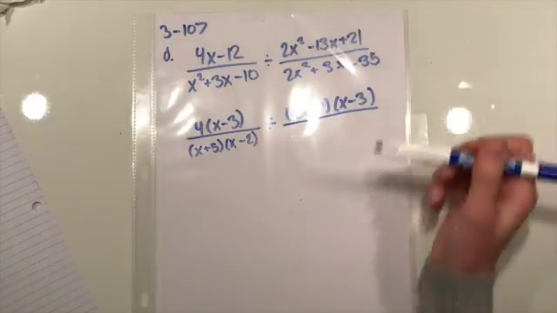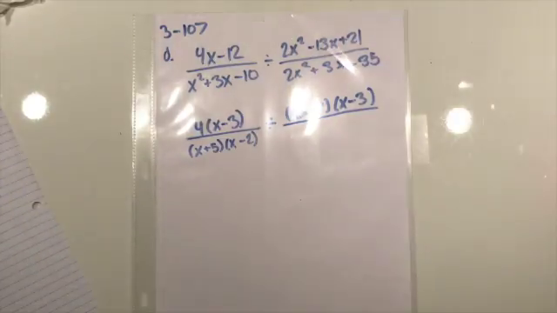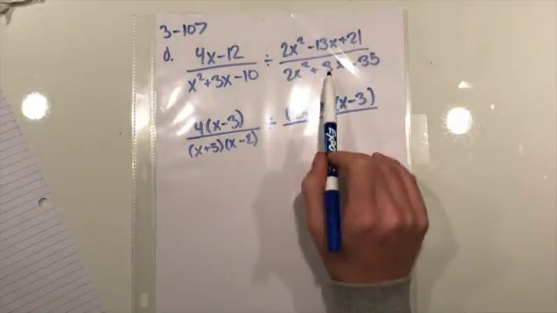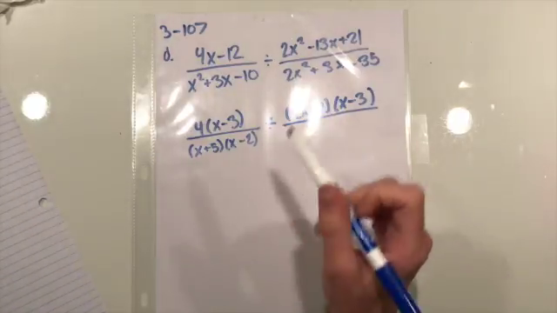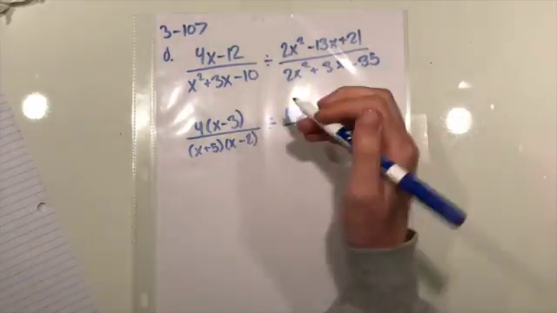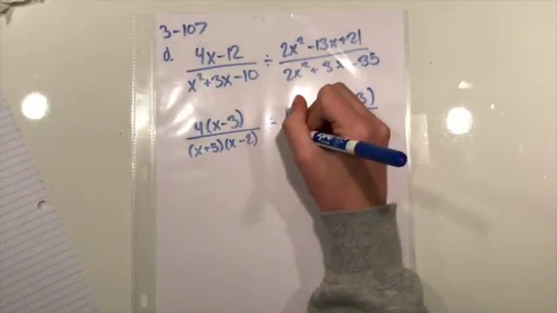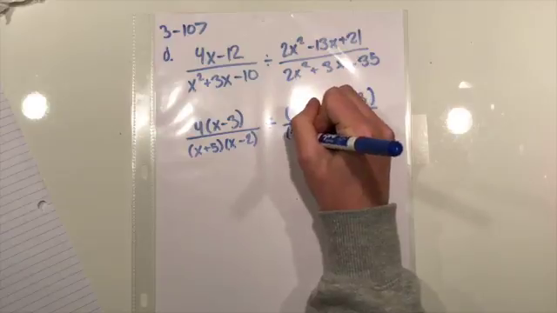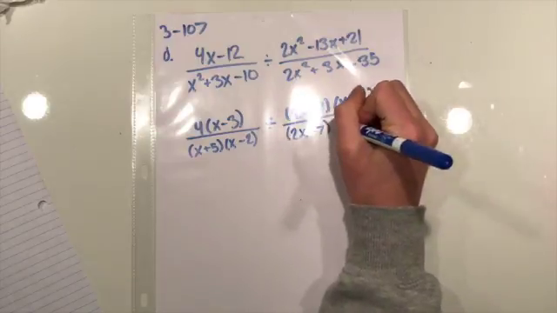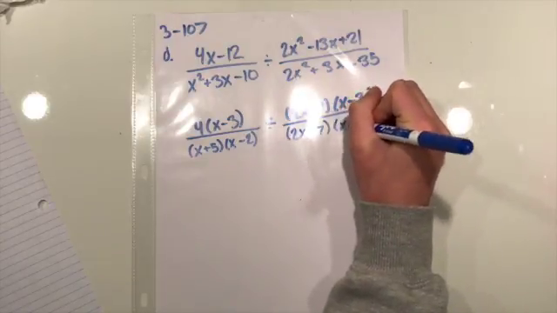Now we have this problem, which has bigger numbers, and we're trying to get the number 35. For my equation, I got (2x minus 7)(x plus 5).